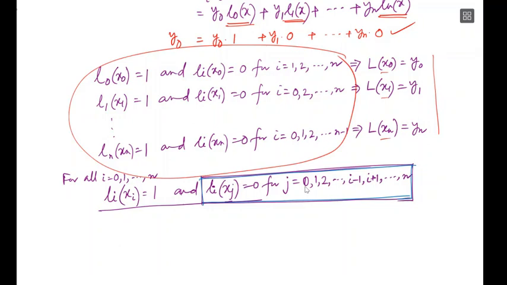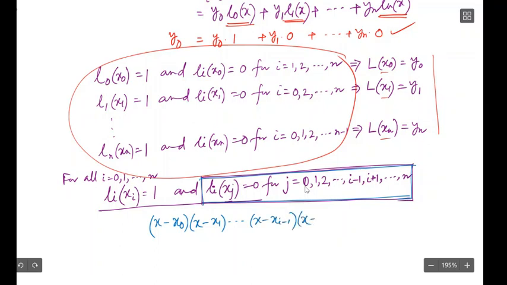Then we can write, and how many linear factors are we getting? x minus x0, x minus x1, in this way x minus xi minus 1, x minus xi plus 1, x minus xn. 0 to n means n plus 1, and from there the ith term is not there. So, in total we have n linear factors.